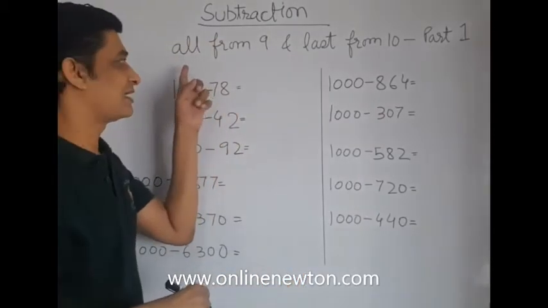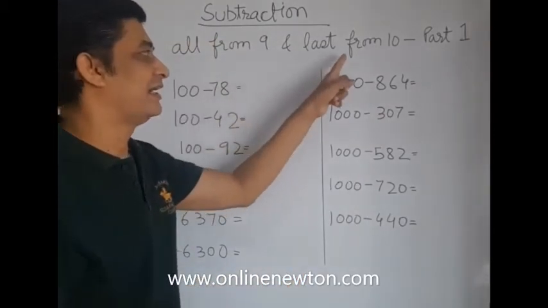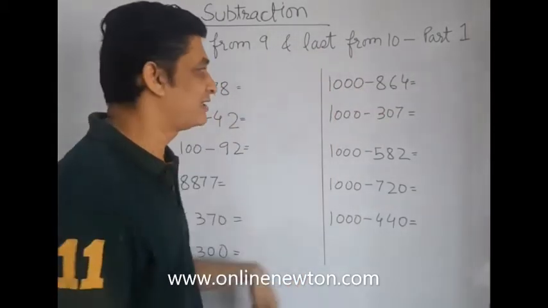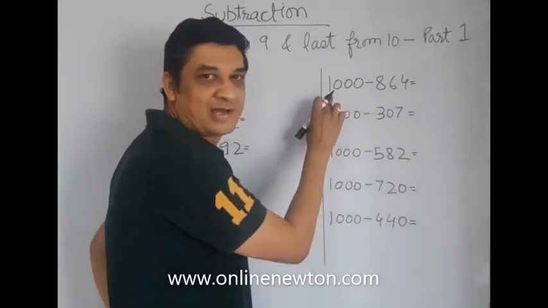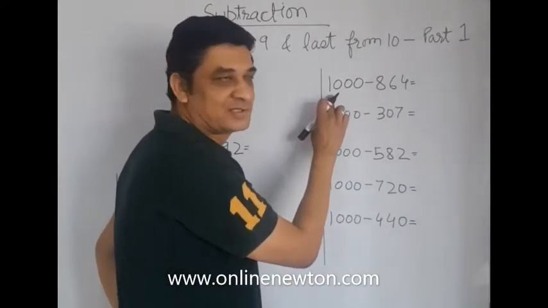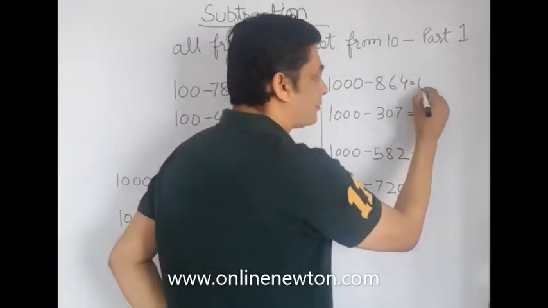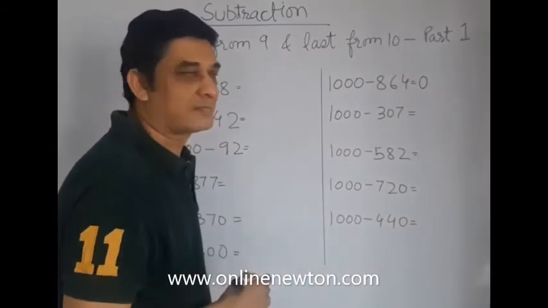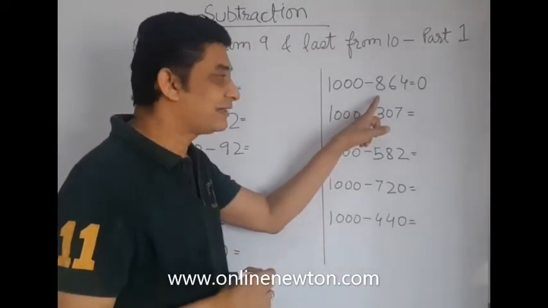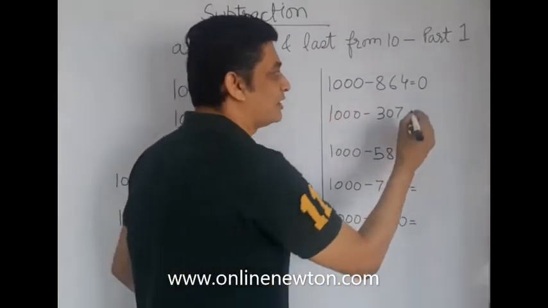The name of the method is again all from 9 and last from 10. Step number 1, reduce this 1 by 1, so this 1 becomes 0. We can write down 0 here. Then subtract 8 from 9, so 9 minus 8 is 1.